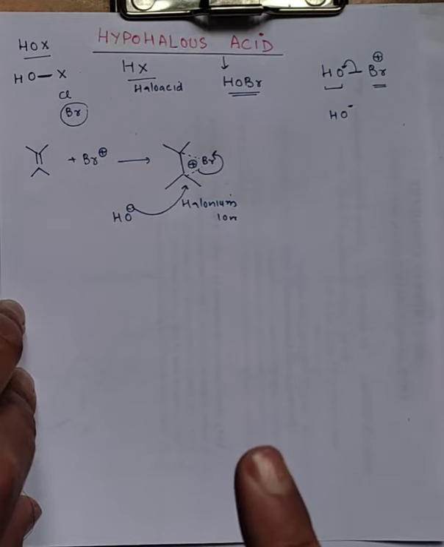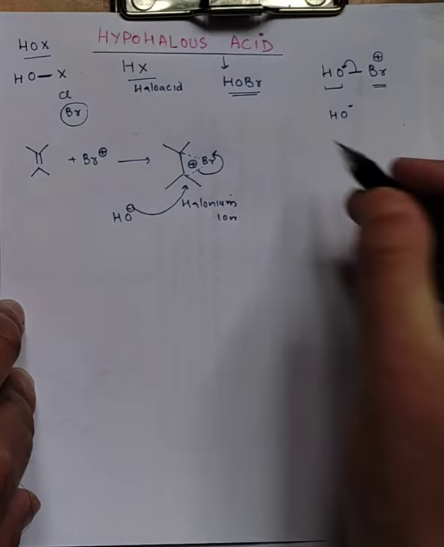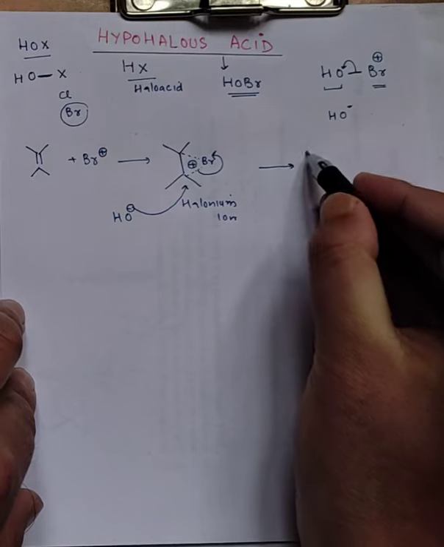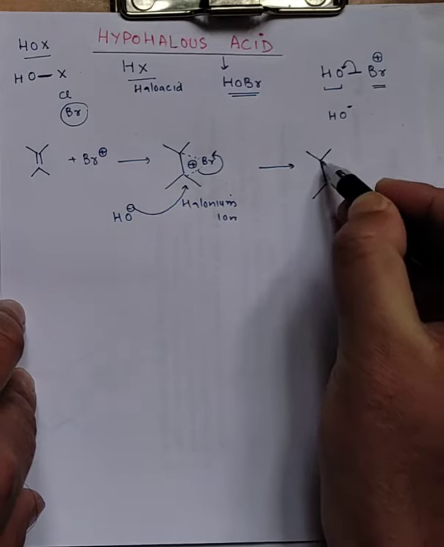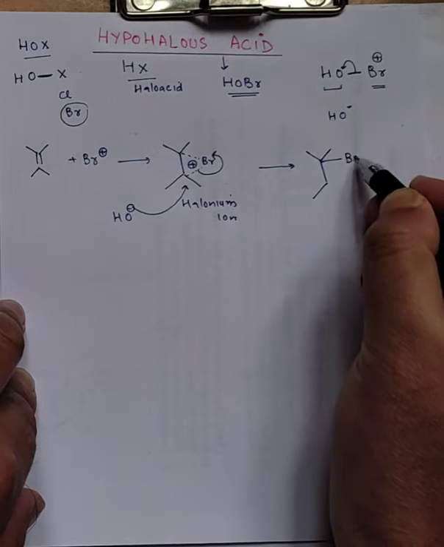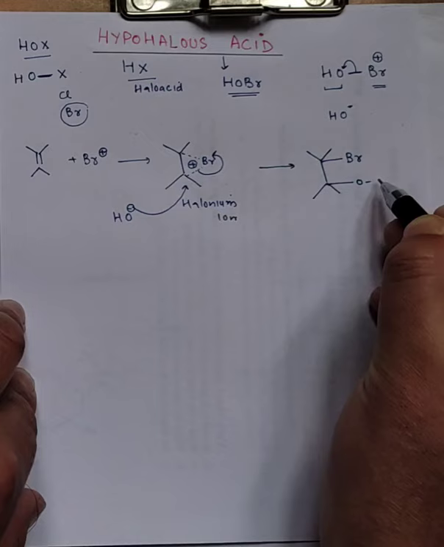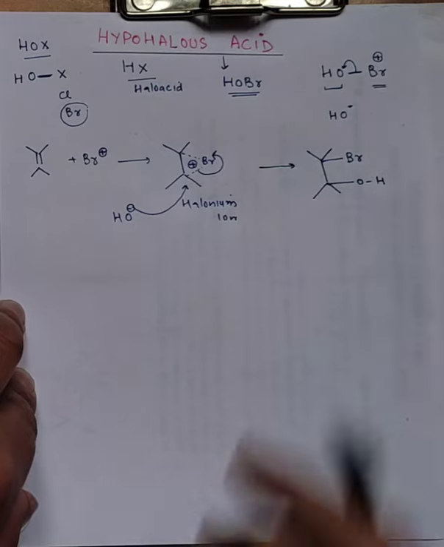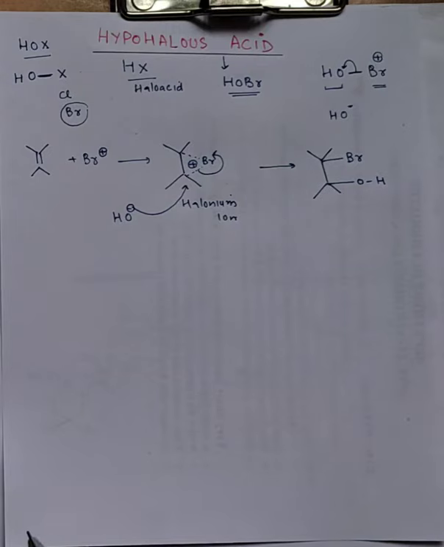That means we have the inversion of configuration. ठीक है? So what you get finally is, you will get this type of structure. So you have Br here, and then you have OH here. ठीक है? So this is what you get.